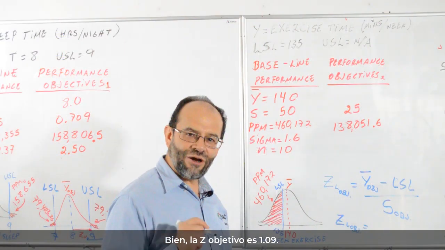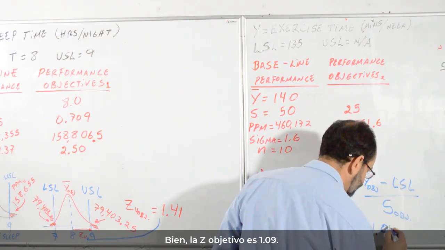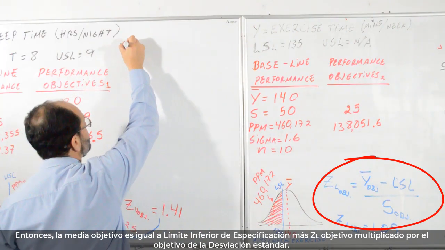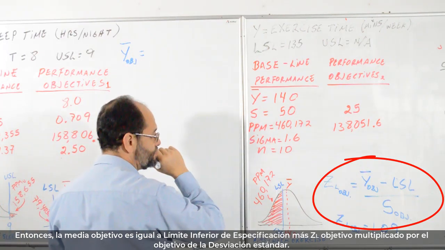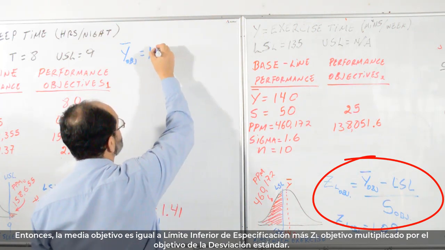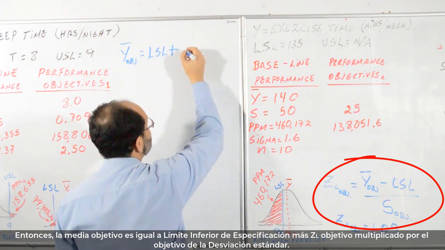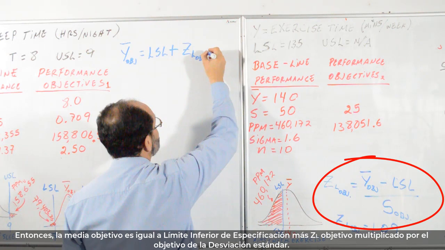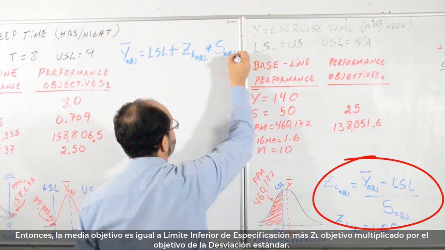Okay, so the Z lower objective is 1.09. The mean objective is equal to the lower specification limit plus the Z lower objective times the standard deviation objective.